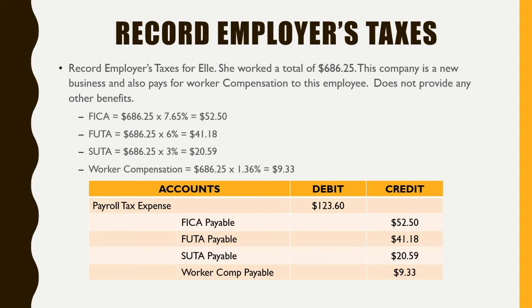So not only are you having to figure out the employee's taxes, you have to figure out the employer's taxes, and every employer is going to owe a different amount, right? Because it's based on gross pay. So not only do you have to calculate the individual's paycheck, you have to figure out what taxes you're going to be making a payment for that employee.